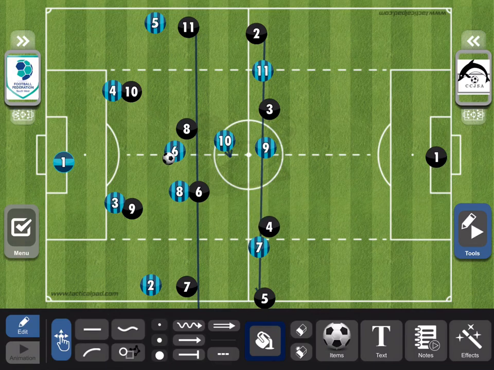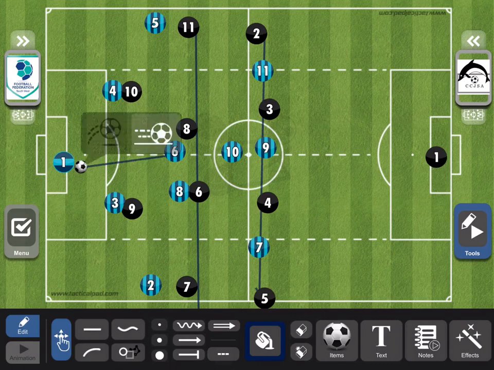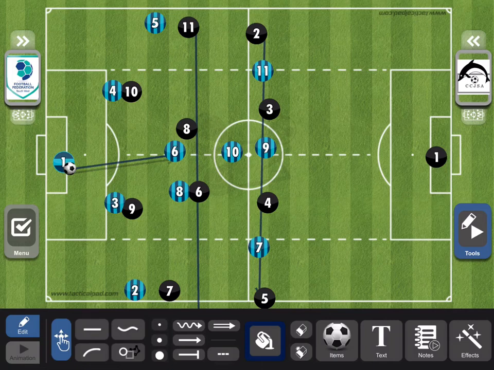If this player moves out here, we start getting a lot of gaps happening, and we try to spread their defense. If you have a look at the back line, there is a lot of man on man in this back line. But we can use that to our advantage.